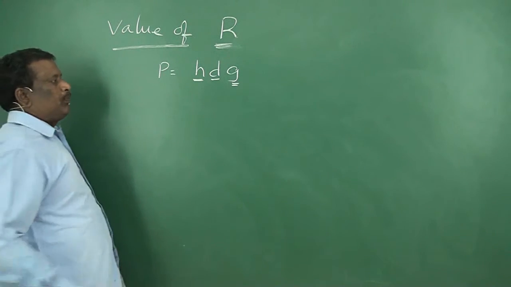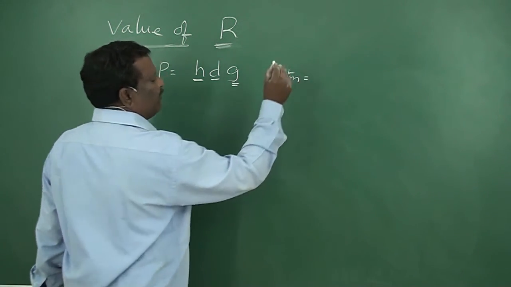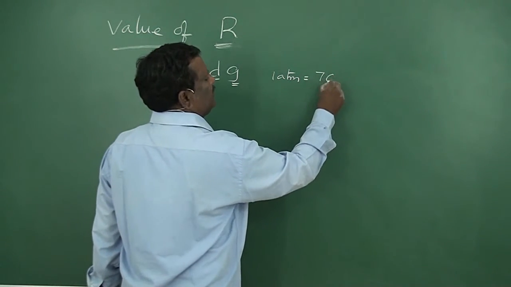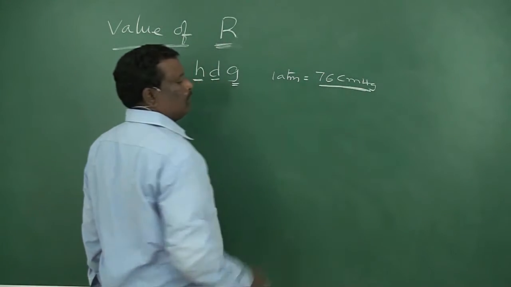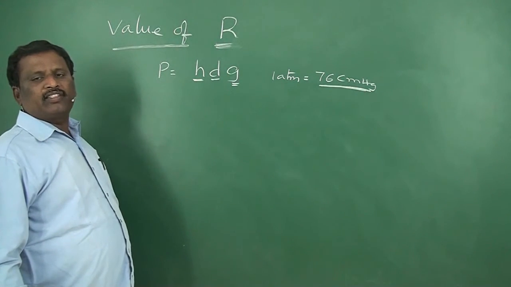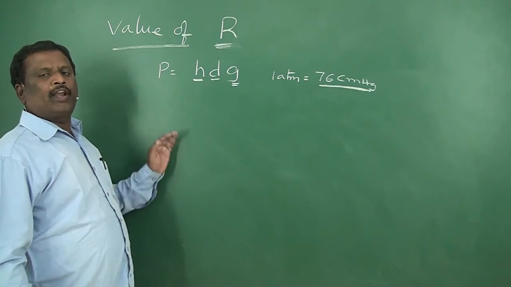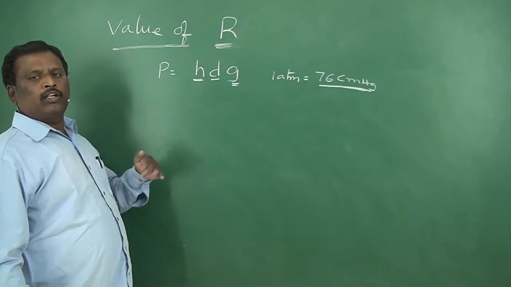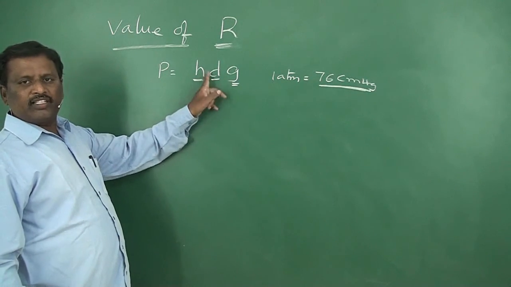At STP conditions, the pressure is 1 atmosphere, so 1 atmosphere is equal to 76 centimeter Hg. When you want to convert into dynes, it should be in this form, that is hdg.